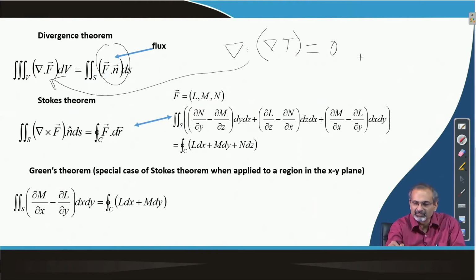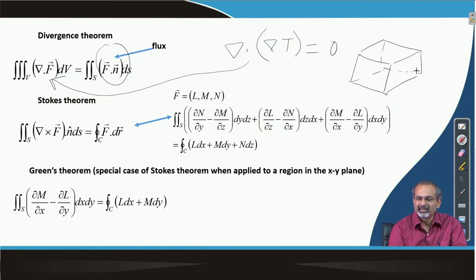So, for example, if your control volume looks like this, then it has a certain volume included, but you are not talking about the volume, but rather you are talking about fluxes which move out or move in through the surfaces which define the volume. And therefore, you do not really need to work out the volume integral, but rather the surface integral. So, this is the approach we will take to solve this problem.